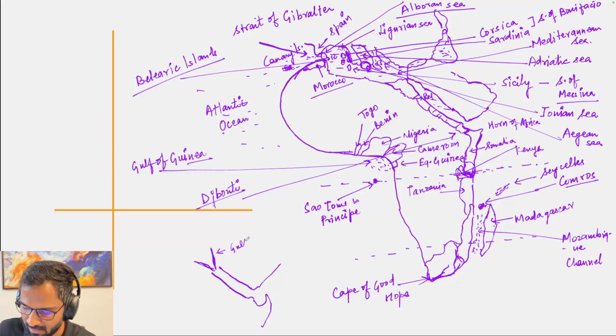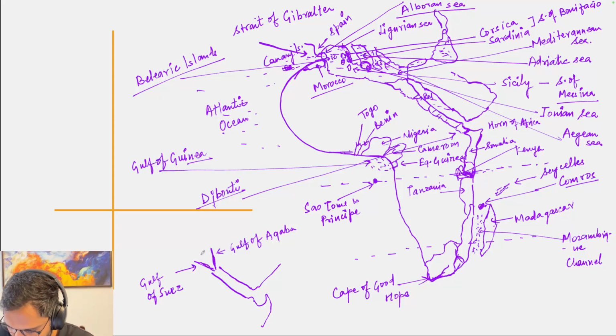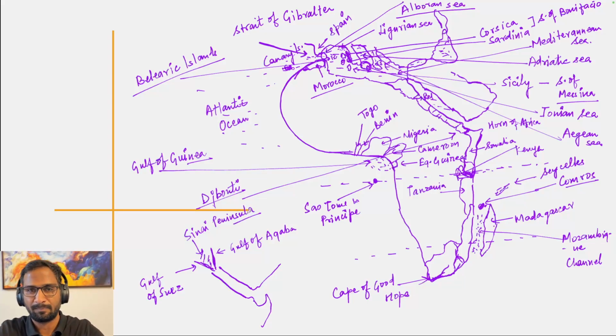This is Gulf of Aqaba, and this is Gulf of Suez. Above this you will find Suez Canal. And this landmass is called Sinai Peninsula.